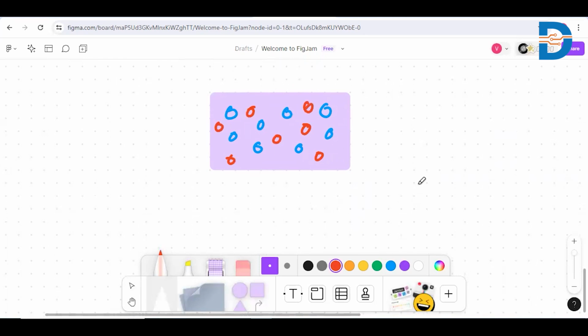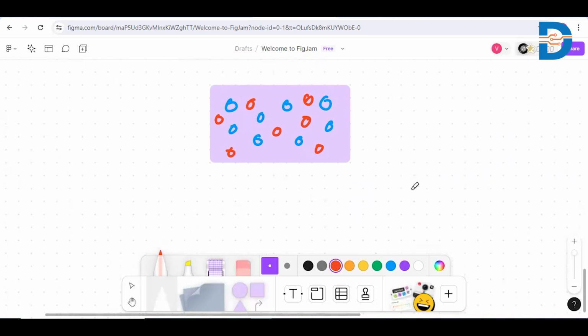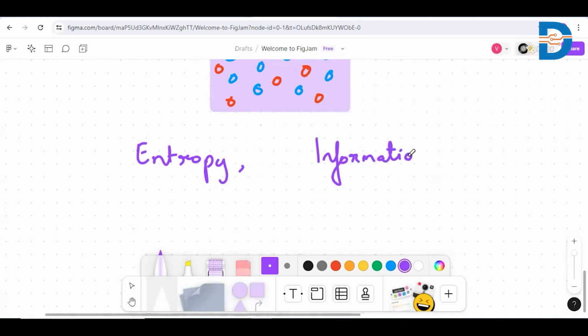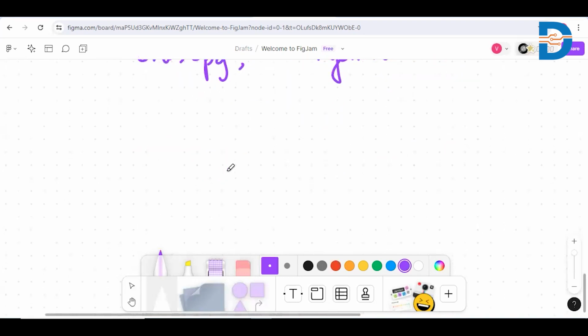Great. So in order to understand how a decision tree works, you need to understand two very important concepts: one is entropy, and one is information gain. They are related concepts, although they sound a bit complex at the moment. Trust me, they are pretty simple.